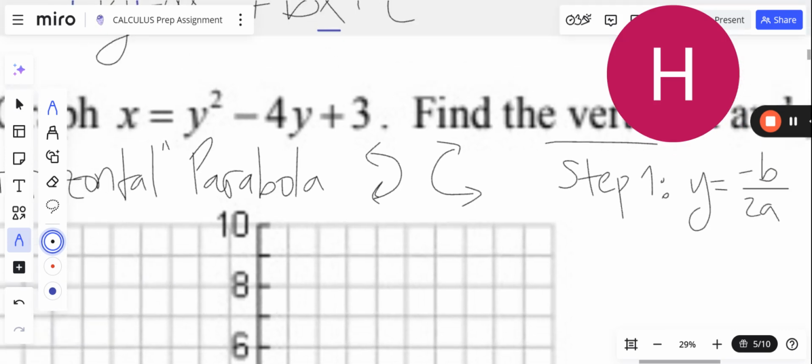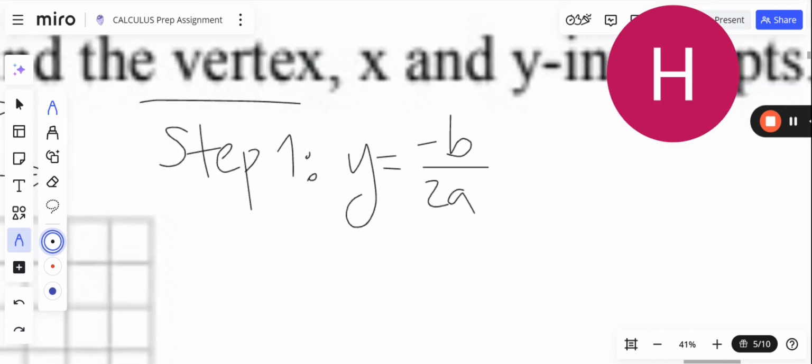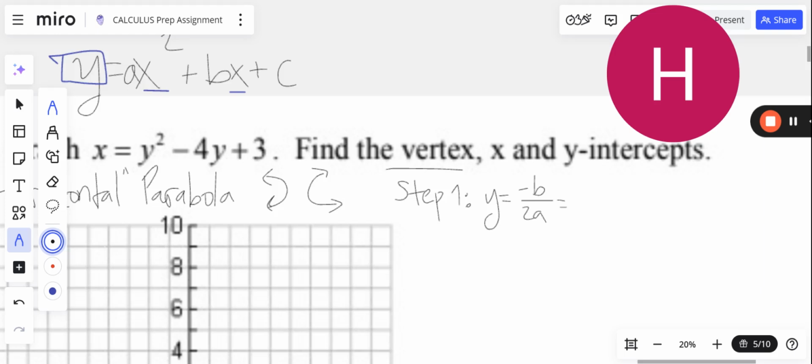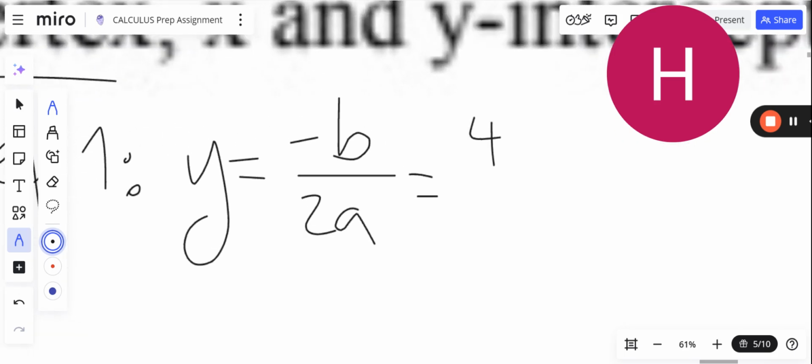So if we analyze this with a 1, a negative 4, and a positive 3, this is going to give us negative 4 over 2, which is just 2.